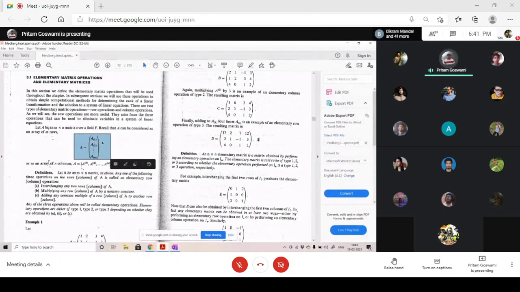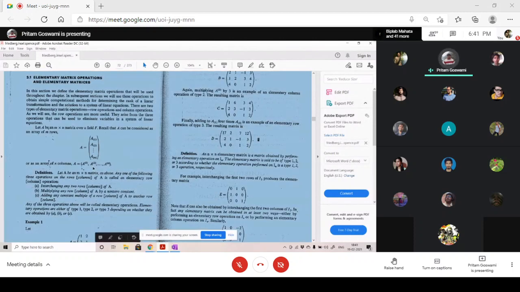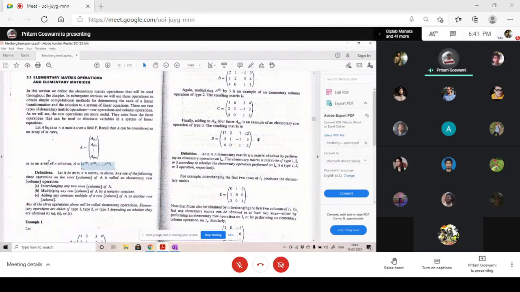We write the first row as A1, the second row as A2, and the mth row as Am. We can also write it like this, where the numbers are in the upper corner. That means we are denoting the columns. A1 here means the first column, A2 the second column, and An the nth column of the matrix.